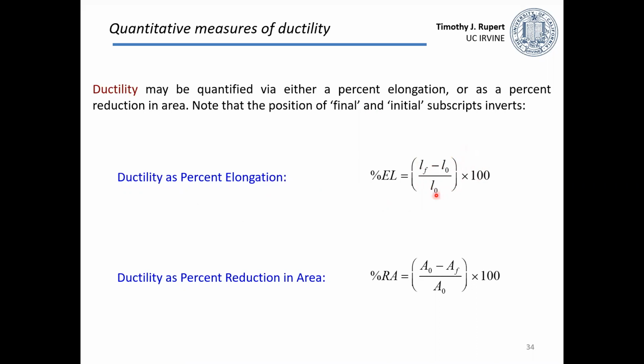You can do a similar calculation if you look at how the cross-sectional area changes. I showed you that example of a copper piece getting pulled, and how the cross-sectional area reduced at the end. You could take a similar measurement by looking at that cross-sectional area, that percent reduction.